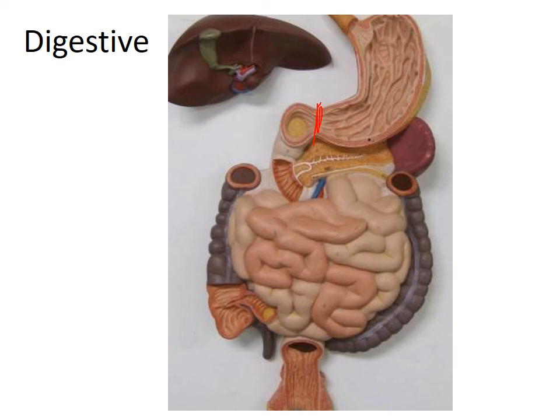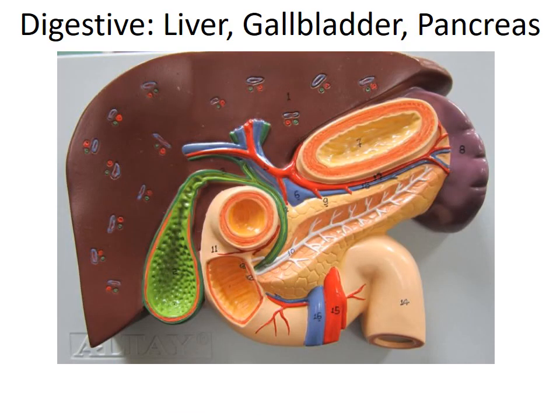All right. Now, where the duodenum is, we're going to see that there are 3 big accessory organs that come in. We're going to look at one called the gallbladder here, the liver, which is all around it. Gallbladder is always associated with the liver. And then this one here called the pancreas. All right, this is a model that shows it. This is the stomach.